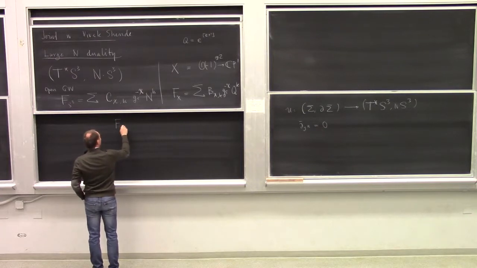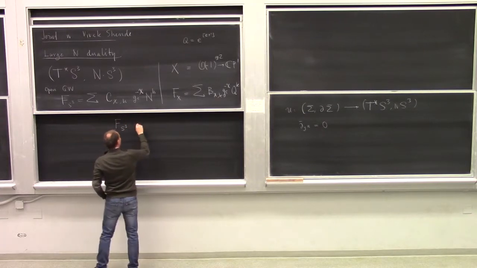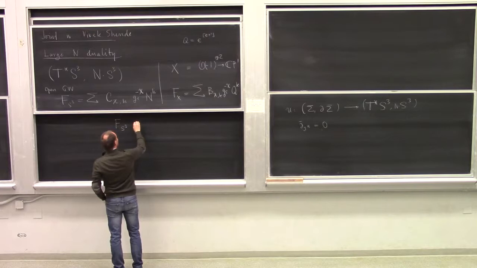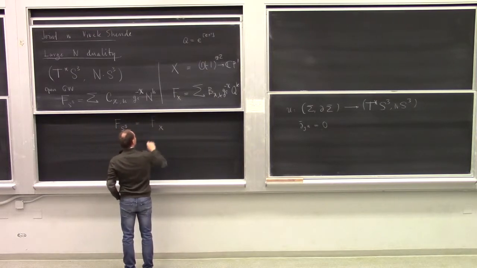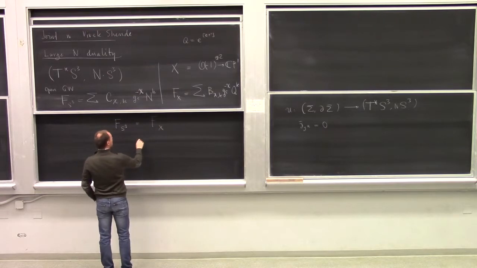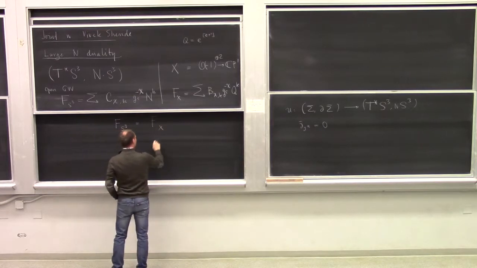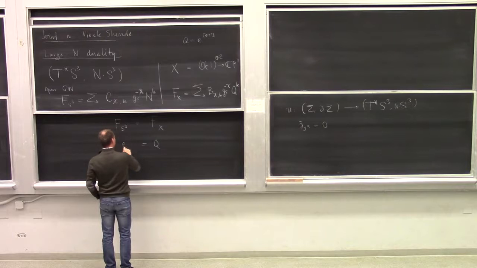So F_S3 is equal to F_X provided q is equal to e to the N g_s.